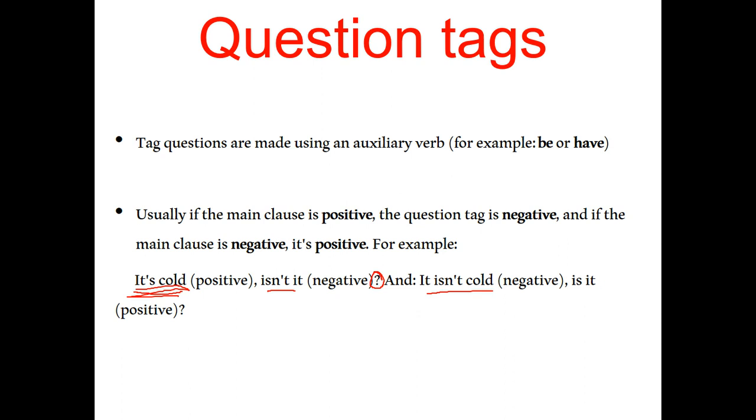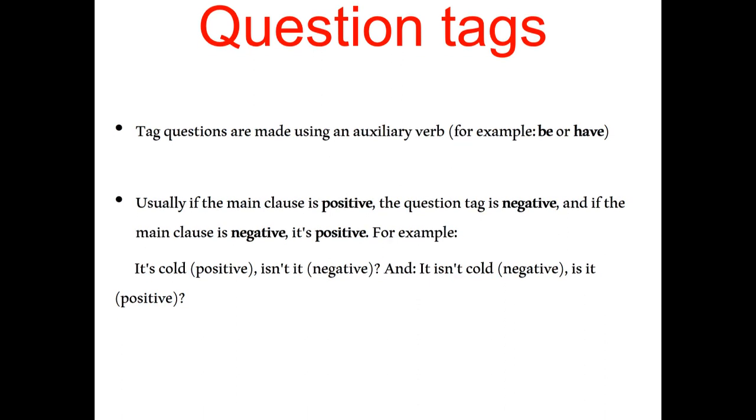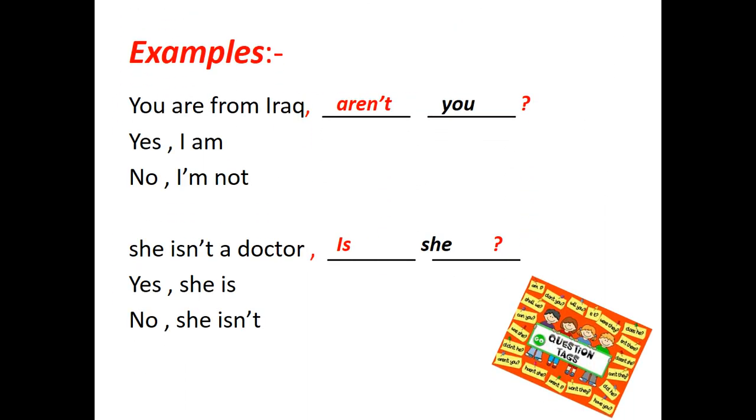The sentence is negative because we have not. That's why the sentence is negative. But when you want to make it a question tag, or when you want to ask to make sure, you have to say: is it? And a question mark. Okay? And as you see, we have two examples.